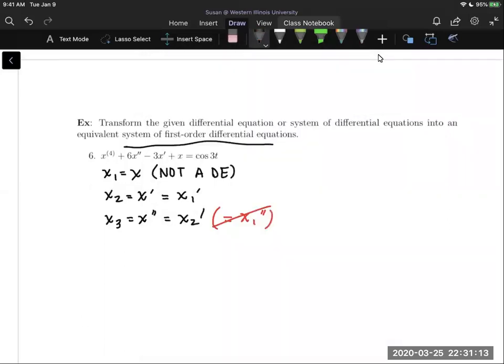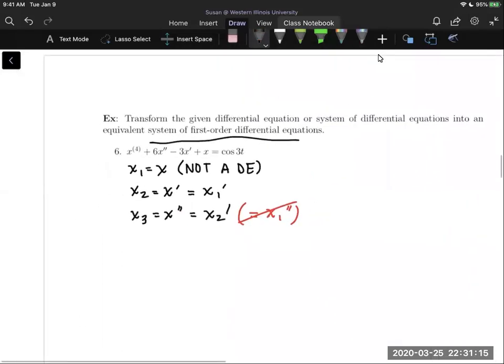All right, so now remember I have a fourth order differential equation. I want to define up to x4, which is the third derivative, which is going to be the derivative of x3. I do not want to go all the way up to my fourth derivative. Stop at the third derivative. So now let me go through these.